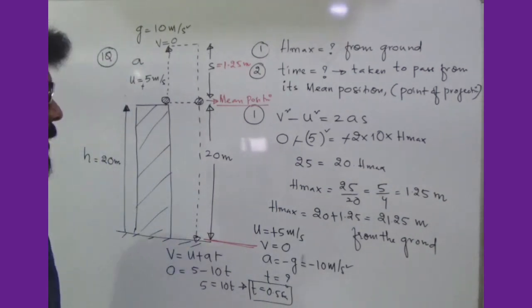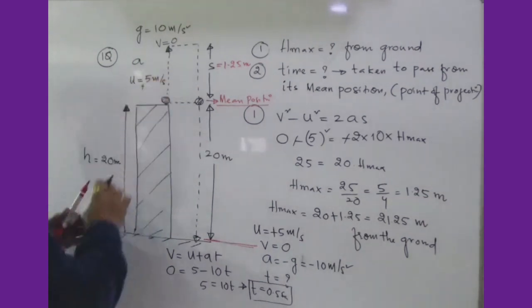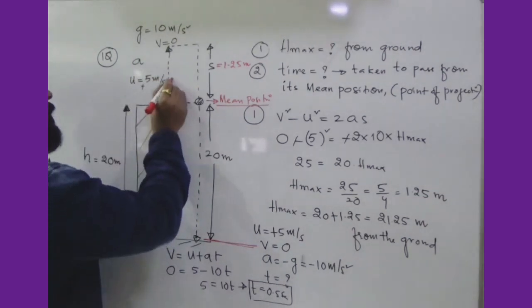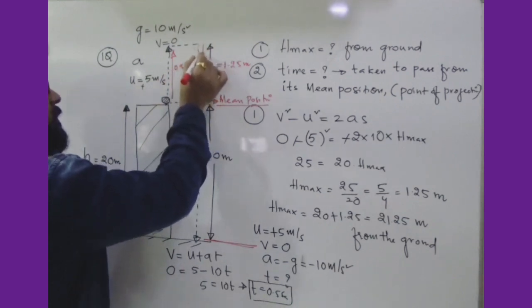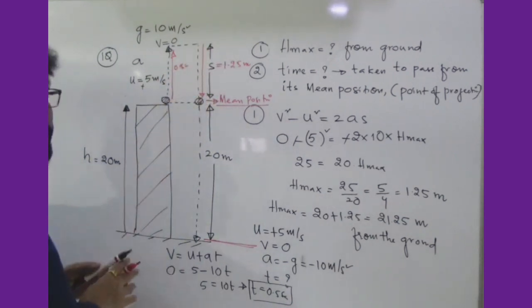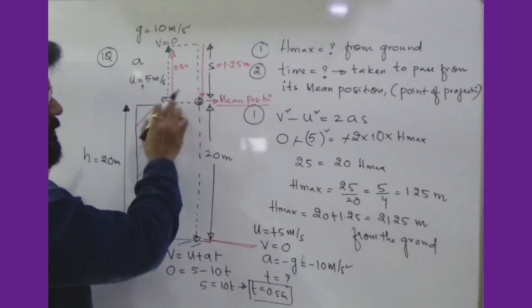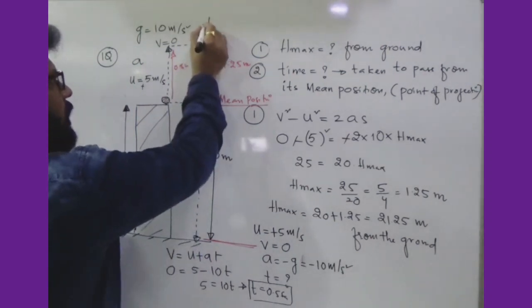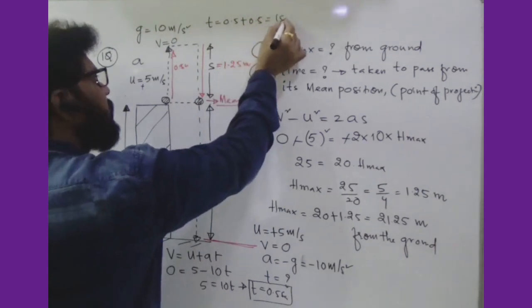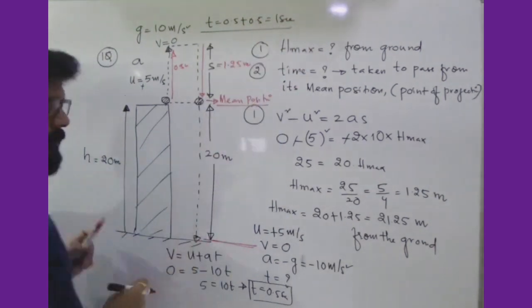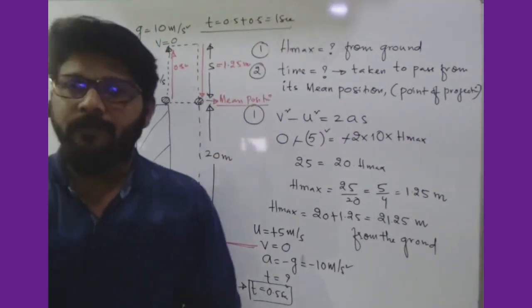Is it clear? So it goes upward for 0.5 seconds and comes downward to this point in another 0.5 seconds. The total time taken to reach this mean position is 0.5 plus 0.5 seconds, which is nothing but 1 second. Is it clear, all of you?